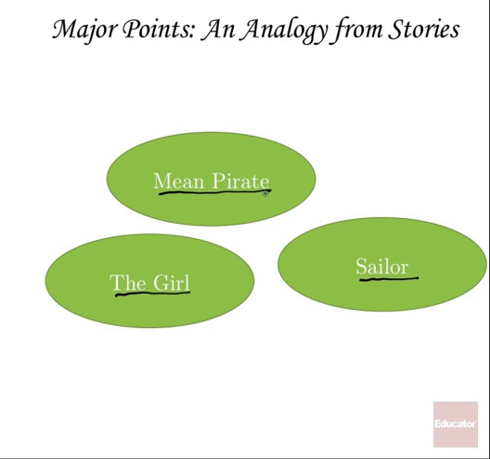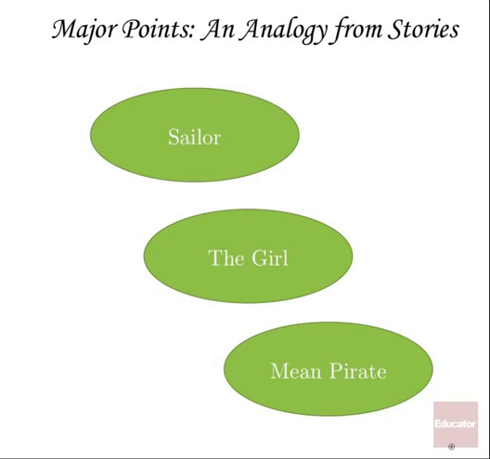That order is probably going to look like this. I'm going to introduce my sailor, and I'm going to put P for protagonist, and then I'm going to introduce the girl, and she's going to be S for supporting character, and the mean pirate, and he's of course going to be V for villain. 1, 2, 3.